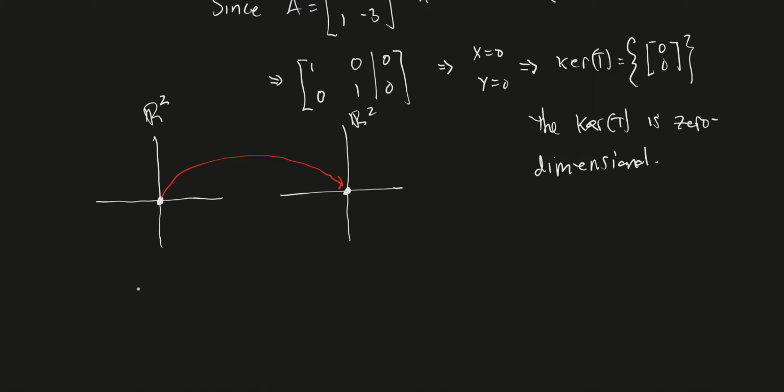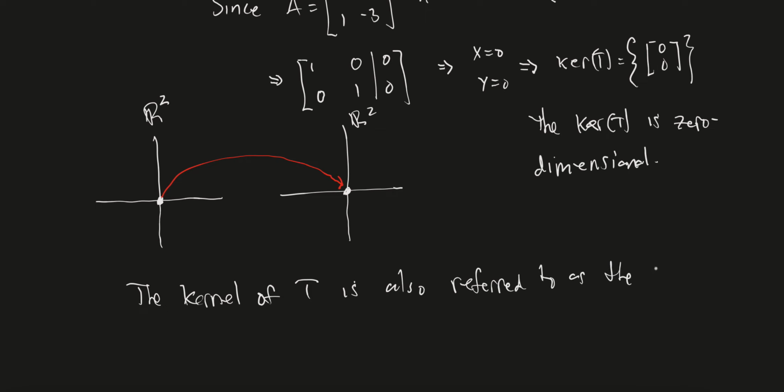So the kernel of T is also referred to as the null space of T. And the word null there has to do with the 0 vector. So these are synonyms.